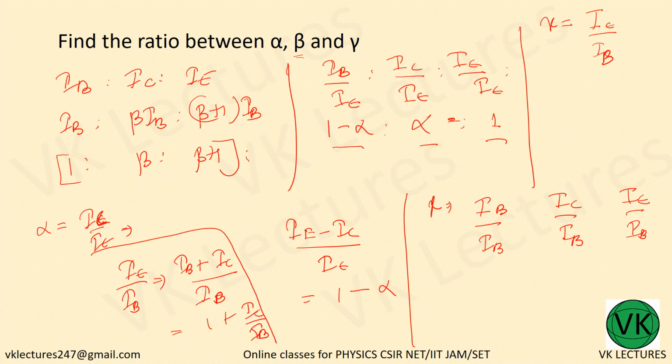So IE by IB, this is equal to gamma, and IC by IB, you just have to write in terms of IE minus IB. So gamma minus 1, right? Gamma minus 1, and this value is 1. So 1 is to gamma minus 1 is to gamma.